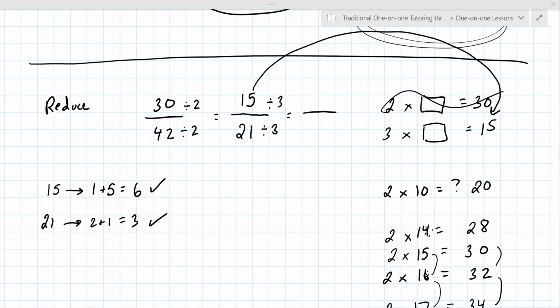3 times what number gets you to 15? 5. Okay. How about on the bottom there? 3 times what number gets you back to 21?